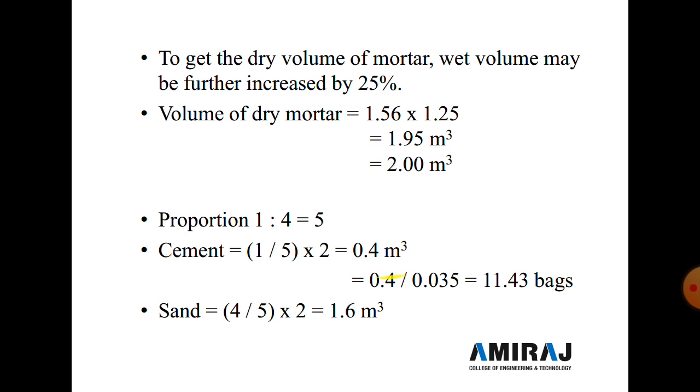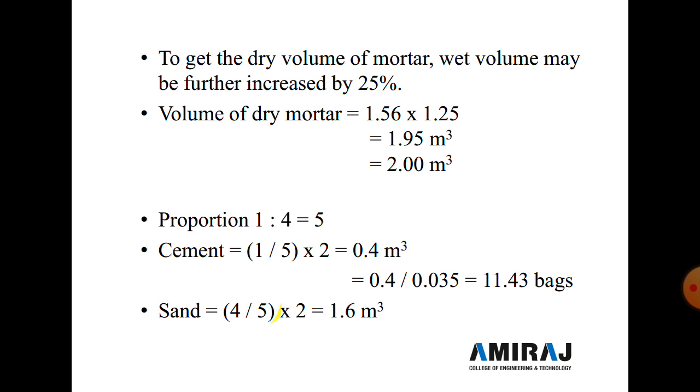So 0.4 meter cube is the final answer. So here cement is always counted in bags, so 0.4 divided by 0.035. So the number of bags is 11.43 bags required.